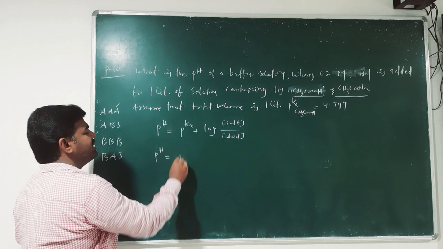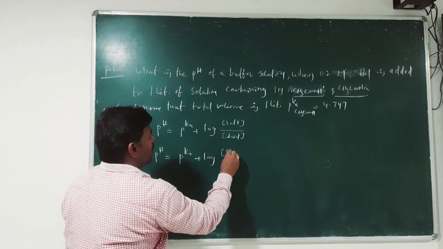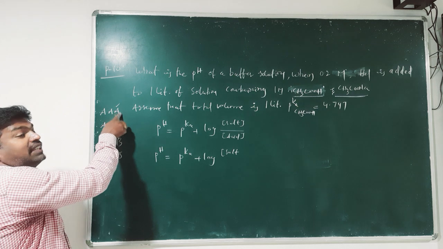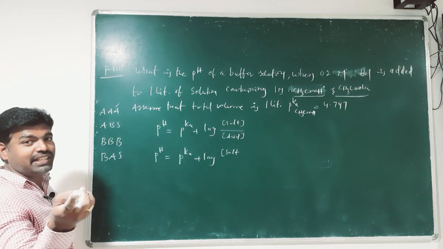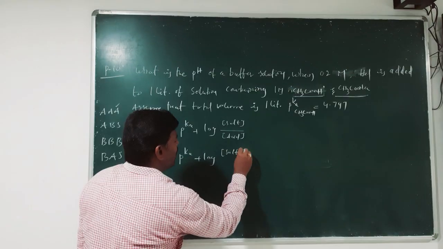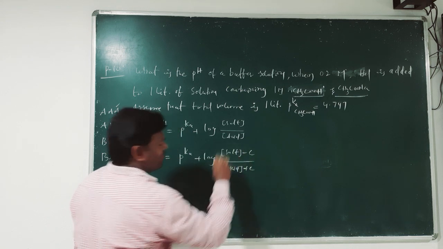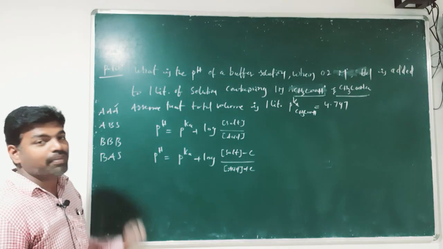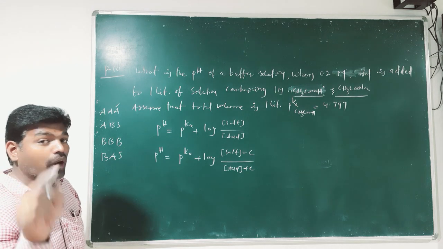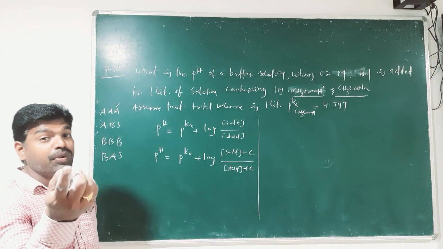Whatever concentration of acid increases, that much salt concentration decreases. So pH is pKa plus log of concentration of salt minus C by concentration of acid plus C. This is the formula for calculating the pH when we add acid or base to an acidic buffer or basic buffer.